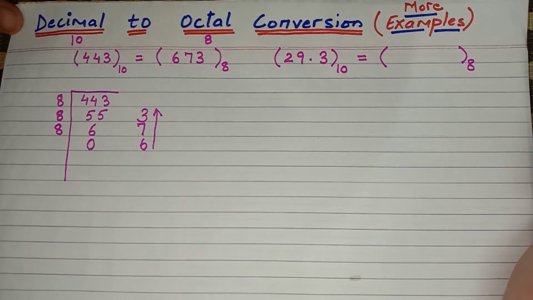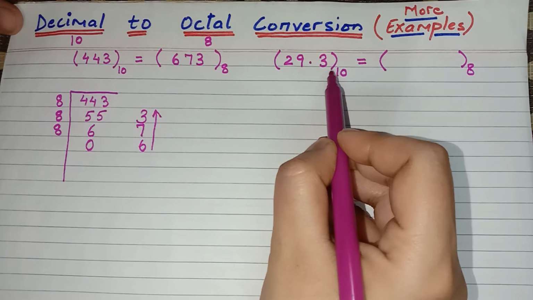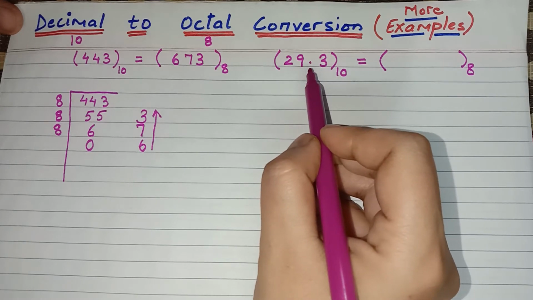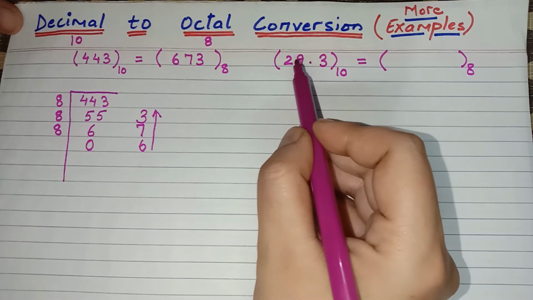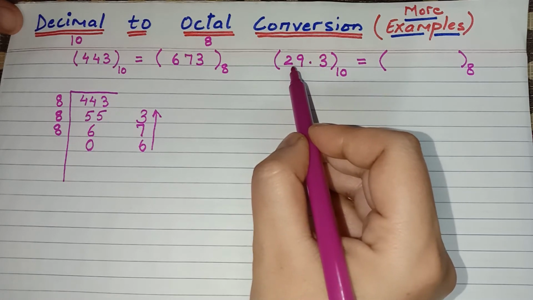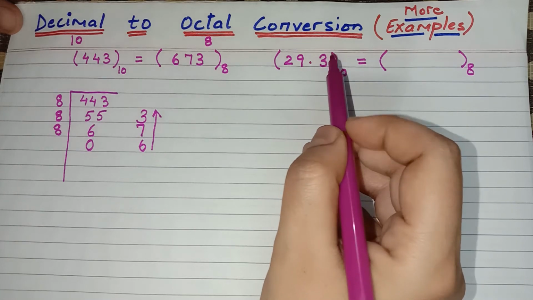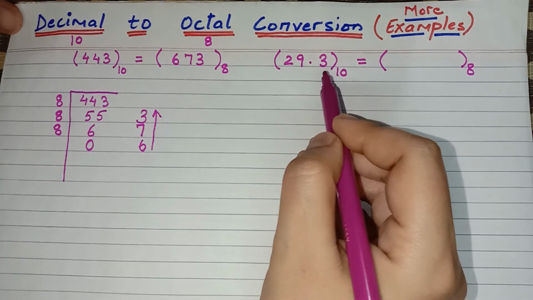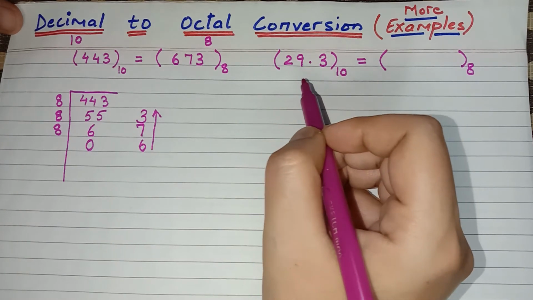Here you can see we are having two parts of the number. Because this is a decimal number, that means the digits on the left side of the decimal are the integers and the digits on the right hand side of the decimal are the fractional part. So we'll be doing this conversion in two parts.